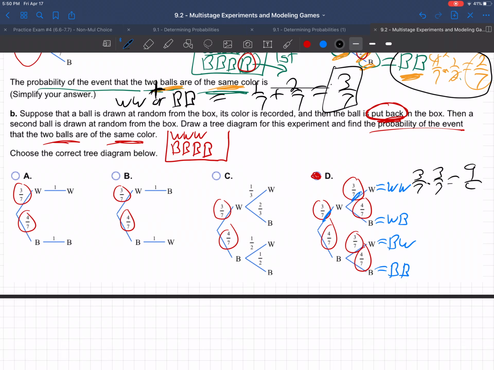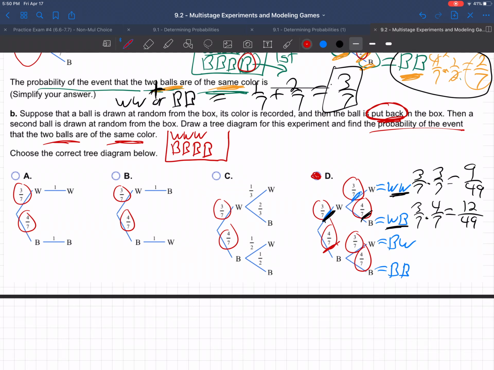Multiply those together, 9/49. Then 3/7 times 4/7. Nothing can cross cancel here, right? 3 doesn't go into 7, 4 doesn't go into 7. So 12/49 is the chance of white then black. 9/49 is the chance of white then white.